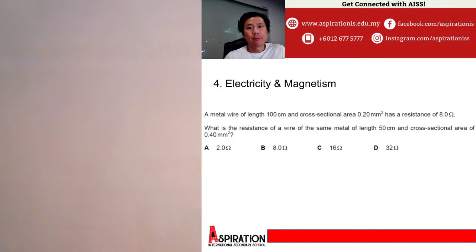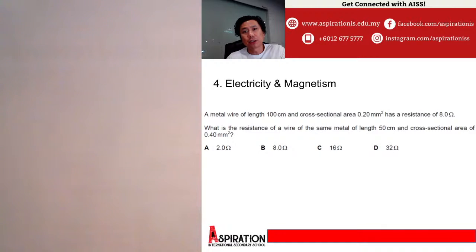Let me do a very quick recap on this topic. This topic is about resistivity: the relationship between resistance and the length of the wire, and the relationship between resistance and the cross sectional area.